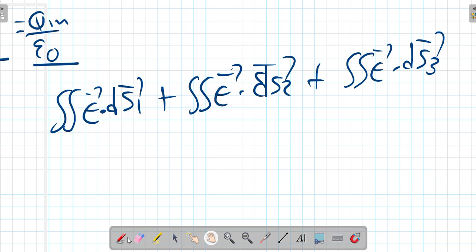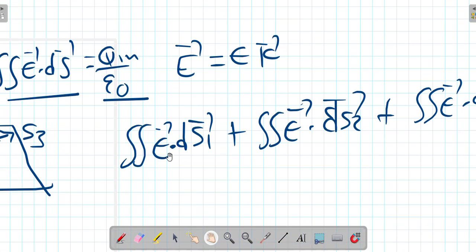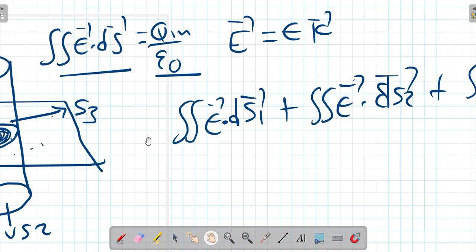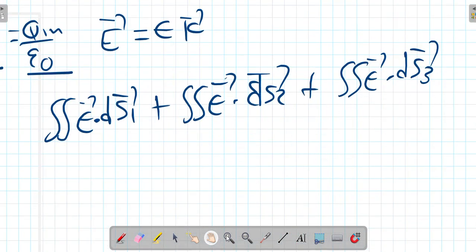You know that E is in the z direction, E k, up or down. So you know that S1 is up, so E is also in the z direction, up or down. So E is up, so this is valid. S2 is also valid, but for S3, if you look at the diagram, this is the direction sideways, it's perpendicular. So this one is going to give us 0.